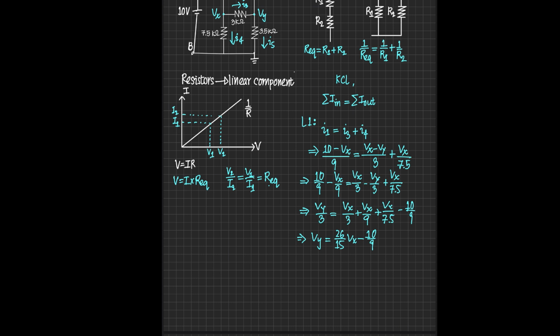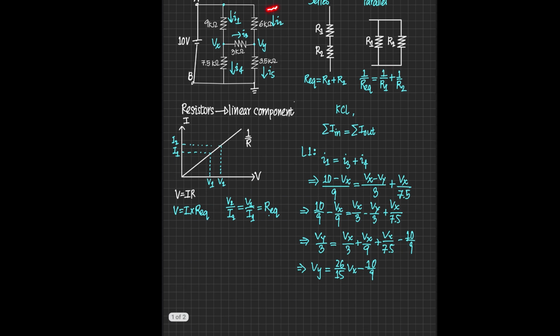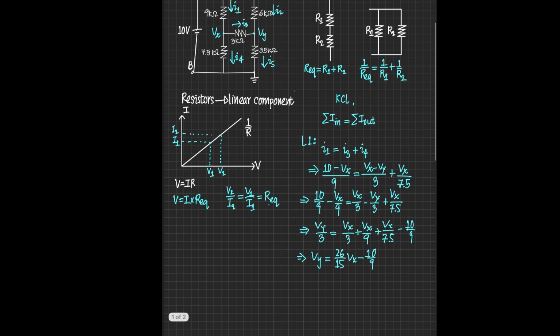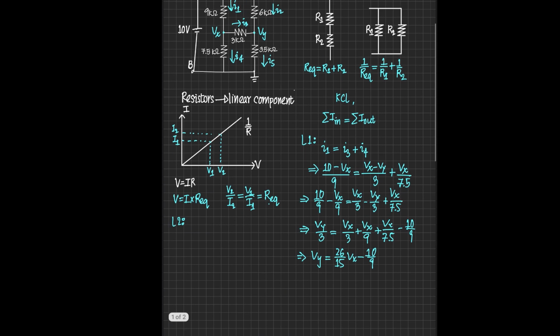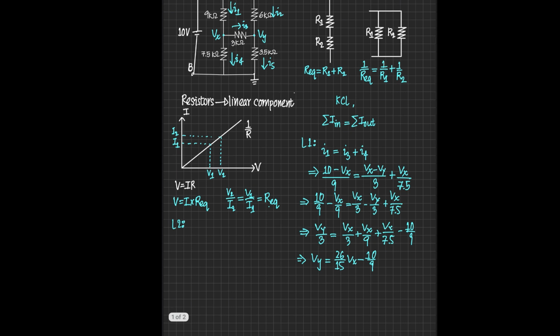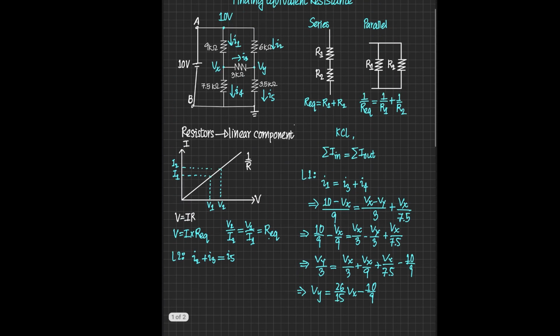So we can use another portion of the circuit to get L2. You can see the currents going into the junction are I2 and I3. The current going out of the junction is I5.